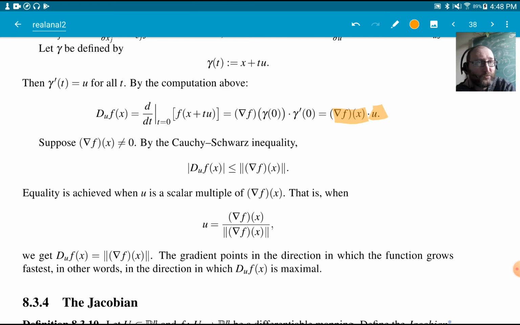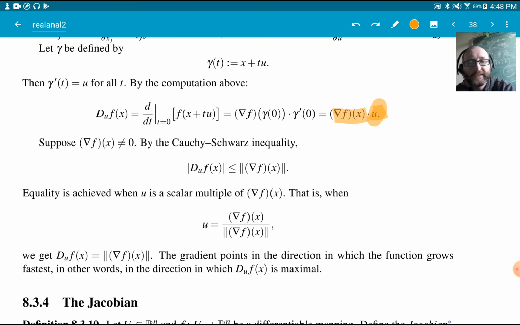Well, when is that? Since u is a unit vector, I just look at the unit vector in the direction of the gradient.